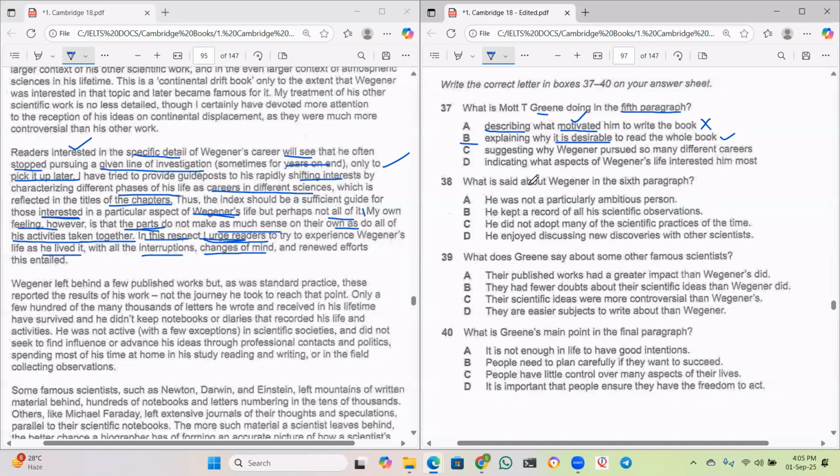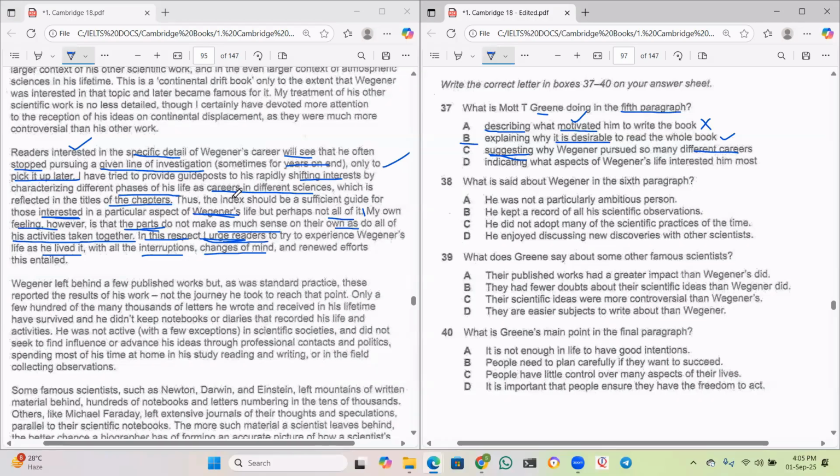Let us read C and D as well. Suggesting why Wagner pursued so many different careers. Is he suggesting that? He says readers will see that he often stopped pursuing a given line of investigation and picked it up later, and that I have tried to provide guideposts to his rapidly shifting interests.